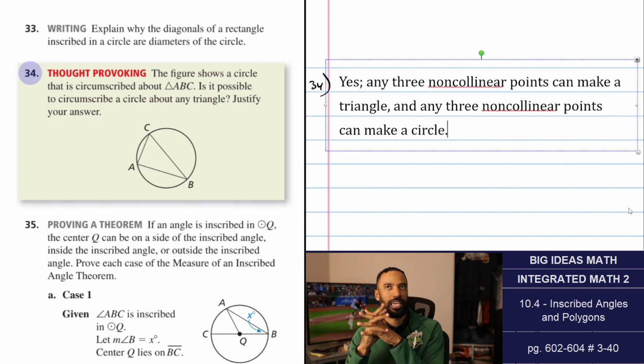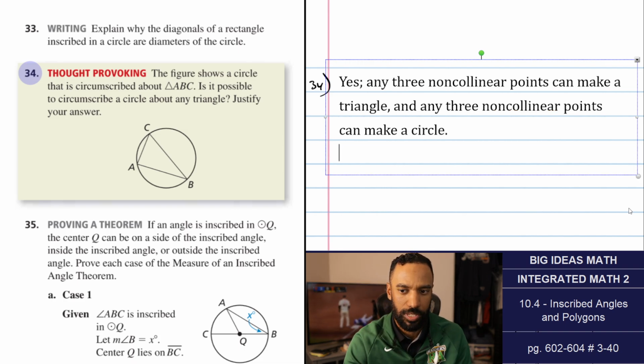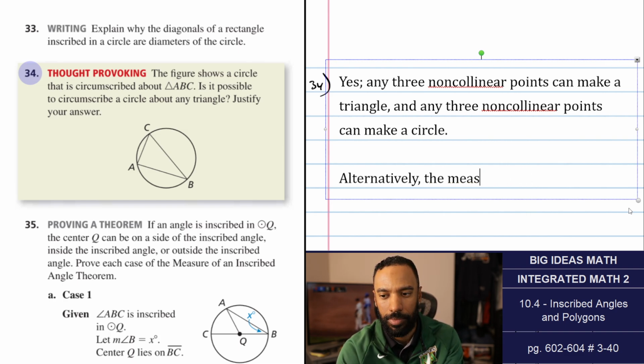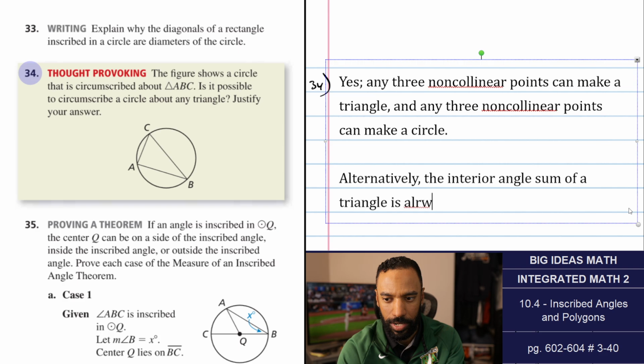Here's another version that I guess I'm going to state that works itself out. This makes more sense with the stuff. Alternatively, the interior angle sum of a triangle is always 180 degrees.